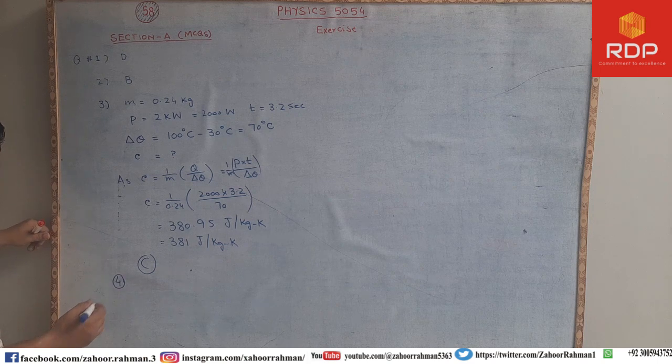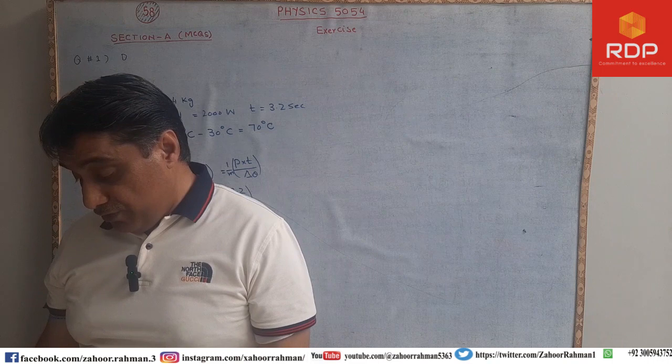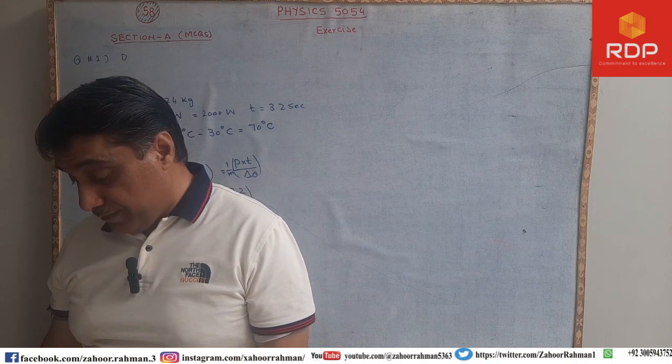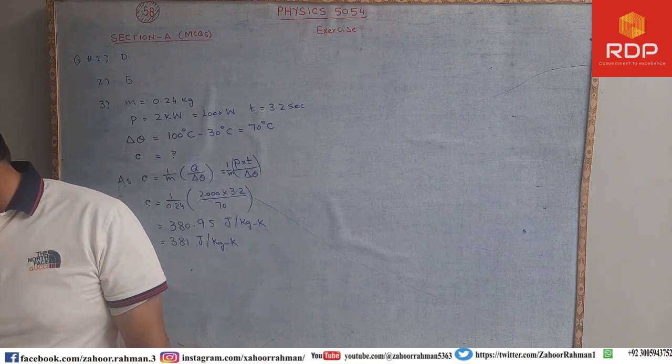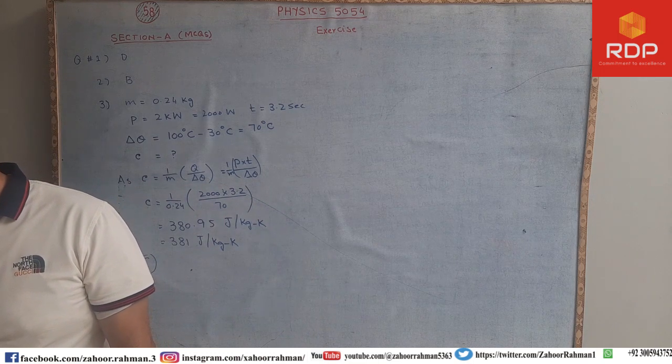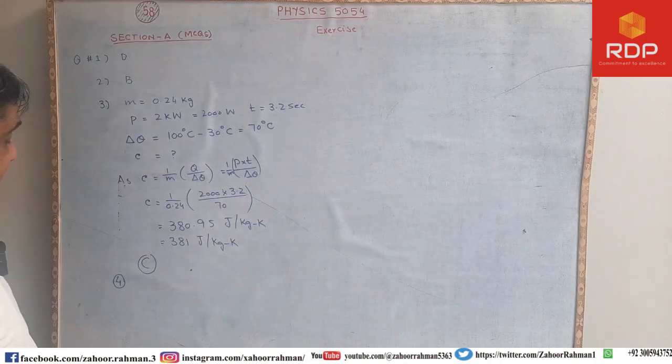Now let us do question number 4. Question number 4 is saying a cup of coffee at 80 degrees Celsius is left to cool to 30 degrees Celsius.